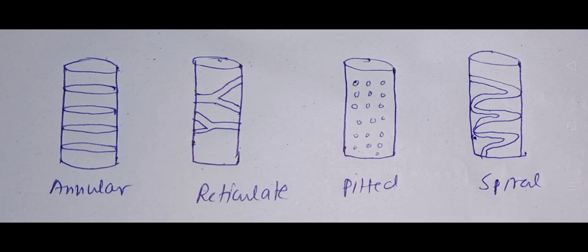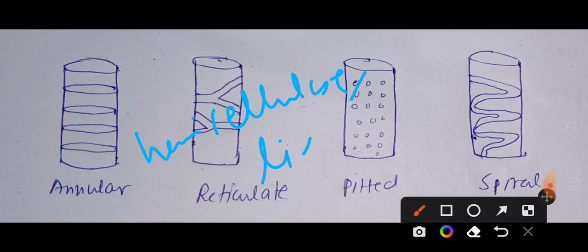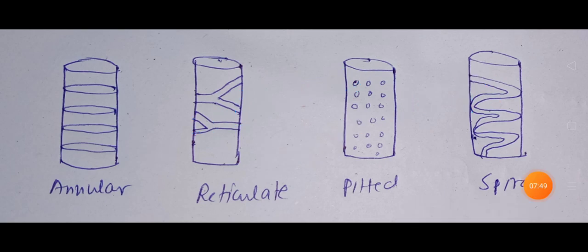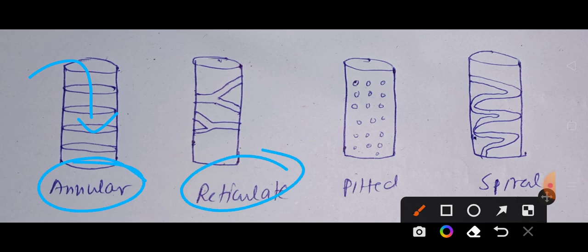The composition of the secondary cell wall is mainly polysaccharides, for example, hemicellulose, lignin, pectin, proteins, xylans, and phenolics, and their main function is to provide mechanical support. Most importantly, they are deposited in a variety of manners, for example, annular, reticulate, pitted, and spiral arrangement, especially in and around the vascular bundle, and that is all about our secondary cell wall.